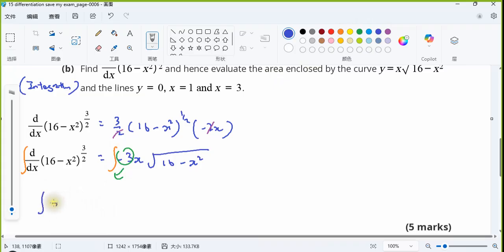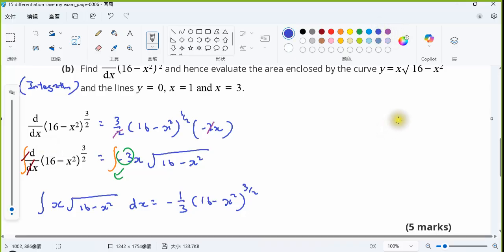And this negative 3 we divide to the other side. So we have the integration of x square root 16 minus x squared dx will be negative 1 over 3, 16 minus x squared to the power 3 over 2, because when we differentiate, then cancel.